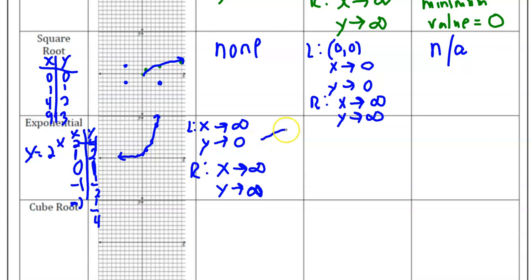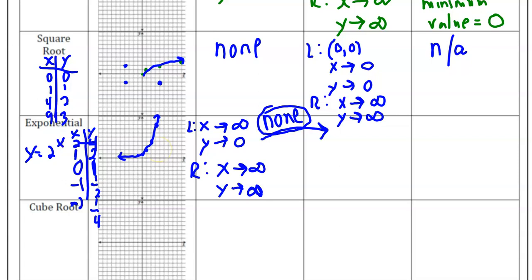I flipped these two around. This should have been my end behavior. This one here has none. No symmetry. There's not another point on the right side, there's not another point on the left side, and there's not another point 180 degrees around. So this one has none.